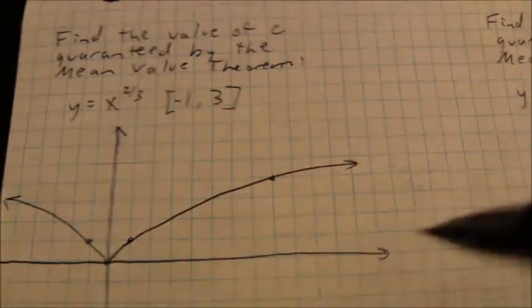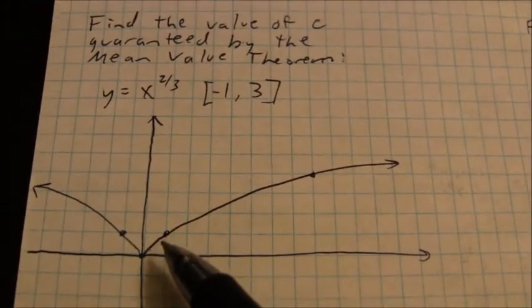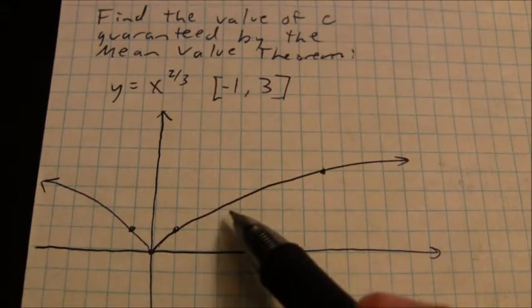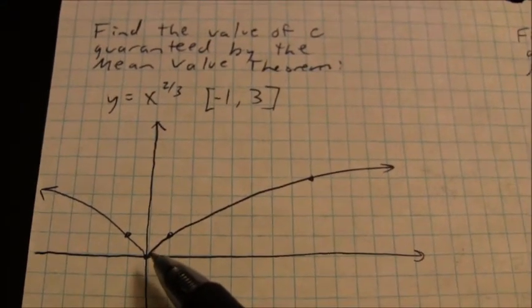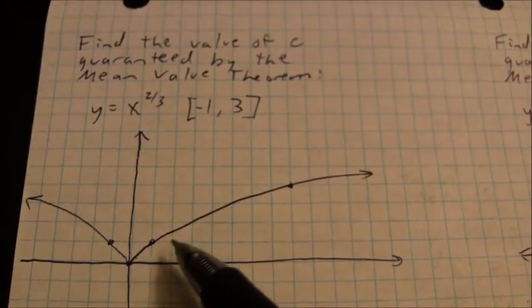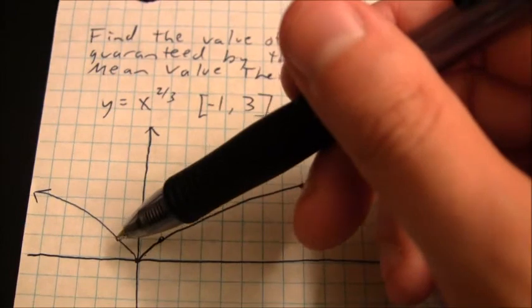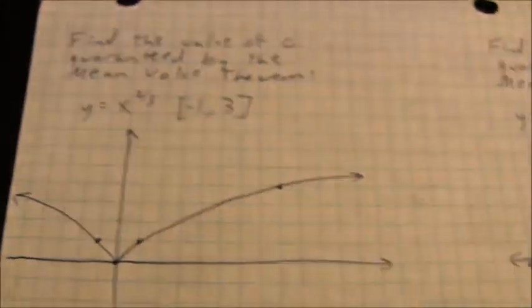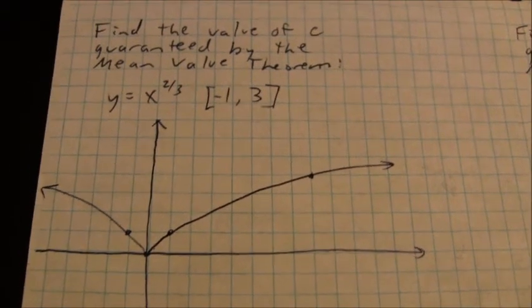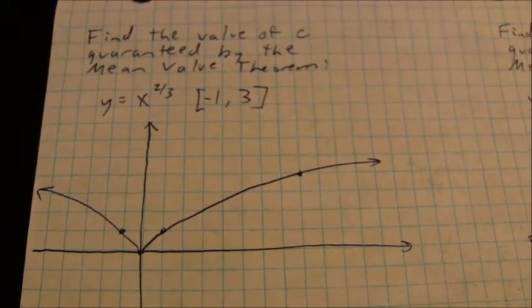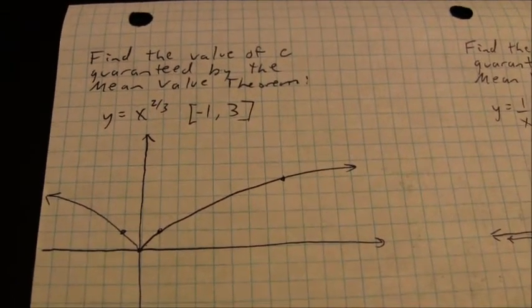And we run into a problem because you can see as this graph approaches a cusp here at the origin, the limit of the slopes is approaching a steeper and steeper positive value. As the limit of the slopes approaches a steeper and steeper negative value on the other side, the two limits are not going to approach the same value. As a result, the function is not differentiable. There is no solution guaranteed by the mean value theorem for this question.